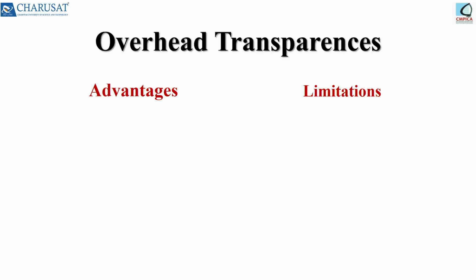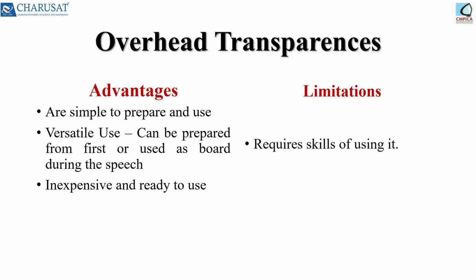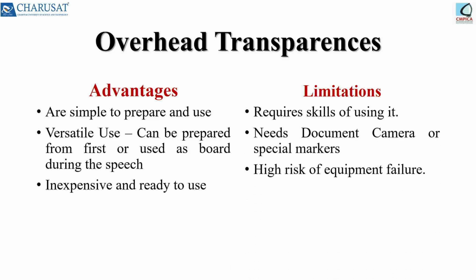We have overhead transparencies, right? What are these? Basically, these are transparent plastic sheets. You require a basic machine to scan this, yes, definitely, but there are various advantages that these transparencies give, and there are also various limitations that we have.